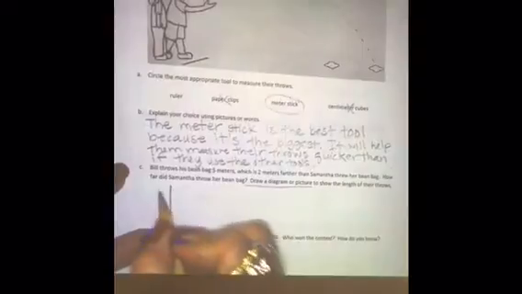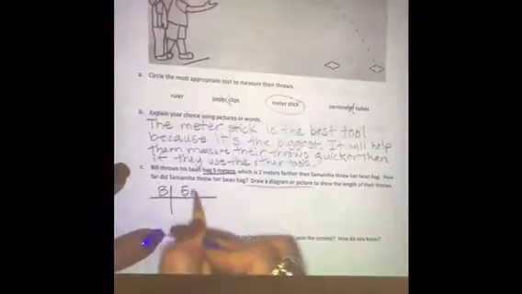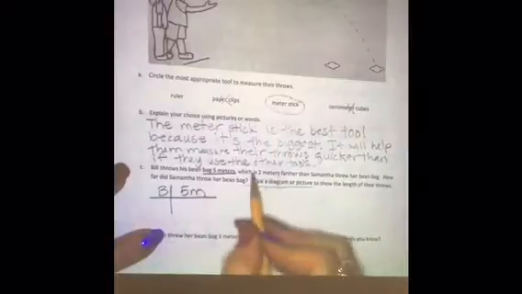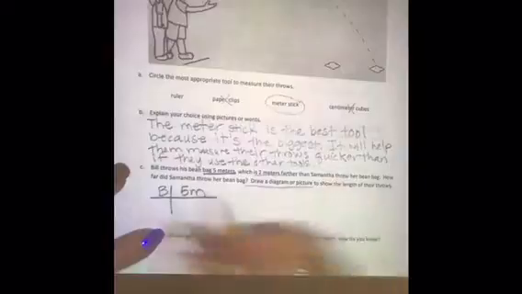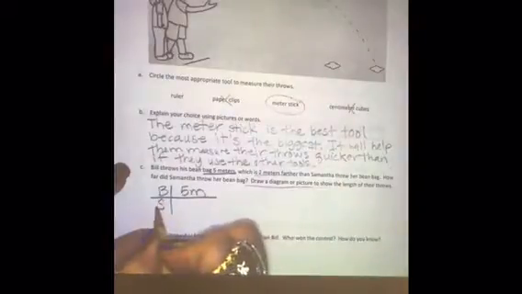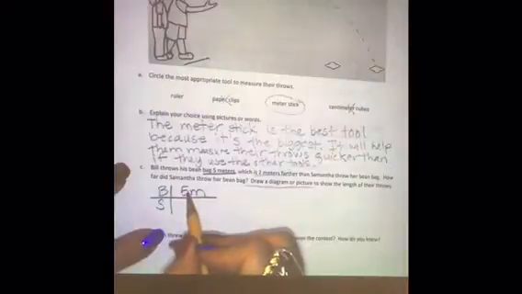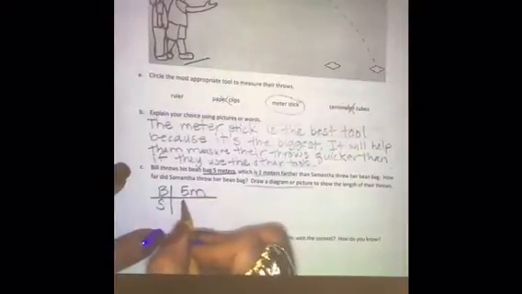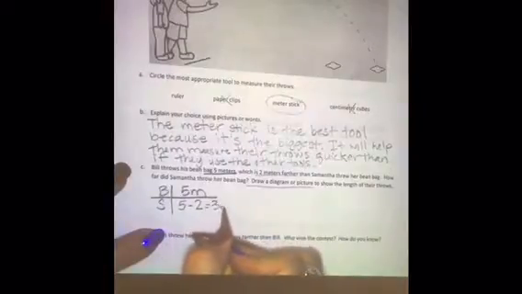So Bill threw his beanbag 5 meters, and that is 2 meters farther than Samantha's. So if Bill is 2 more than Samantha, then Samantha is 2 less than Bill, or 3 meters.